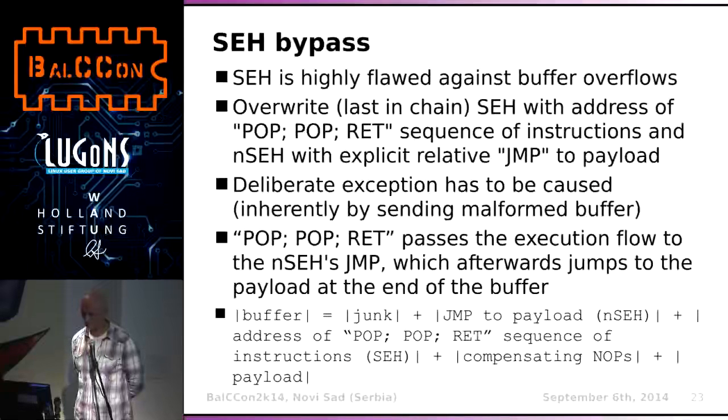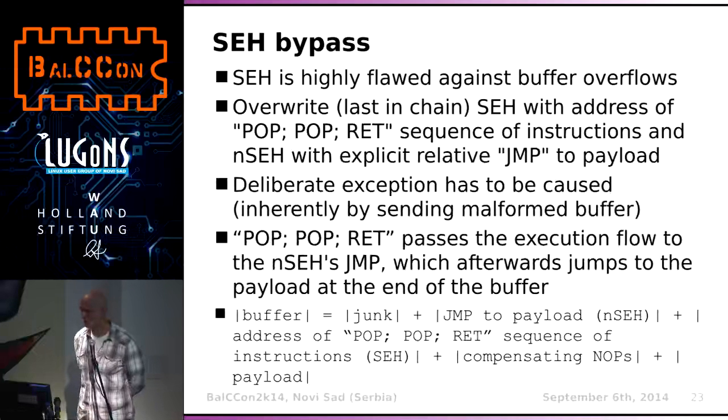SEH bypass, as said, is an attacking mechanism. It's popular, or it was popular. The problem with structured exception handling is that all those pointers that I drew here, the pointers to the handler and the next exception handler in the chain, are put onto the stack.